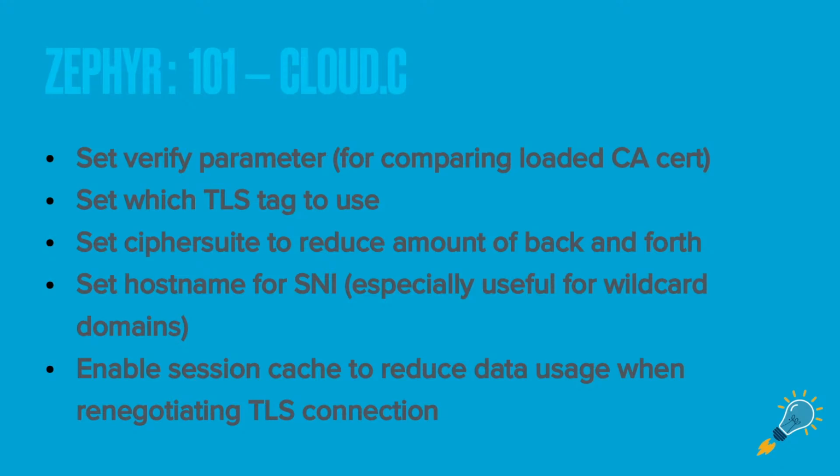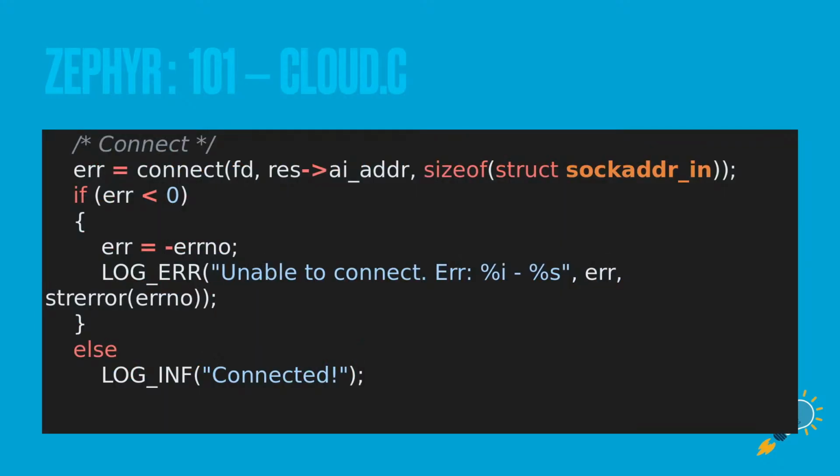And in general, you are going to test this beforehand, so you're going to know what cipher suite is compatible for both ends. We're setting up the hostname for SNI, which is extremely useful for multiple domains that are hosted on the same IP address, wildcard domains, and so on and so forth. And then allowing for session cache so we can reconnect without incurring a lot of overhead.